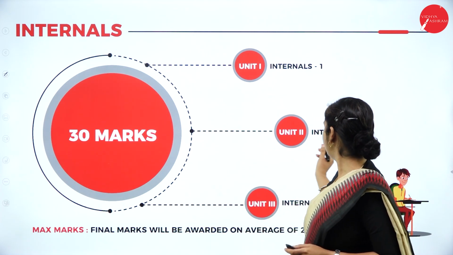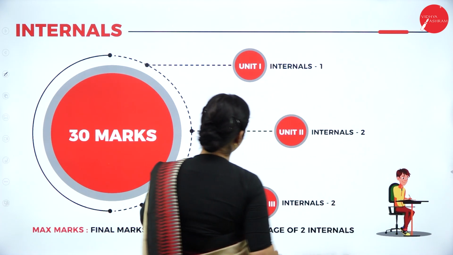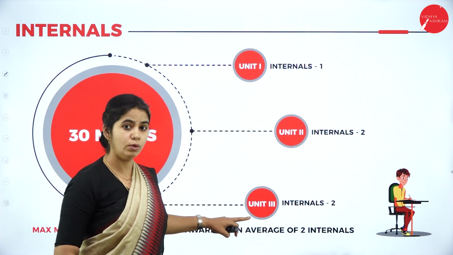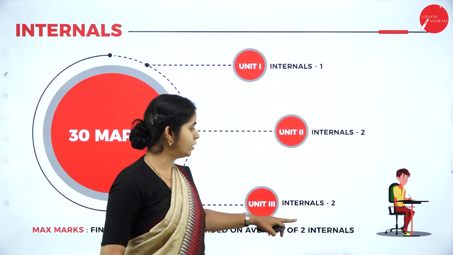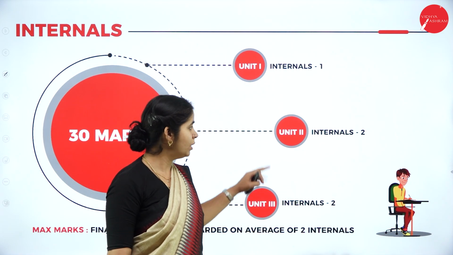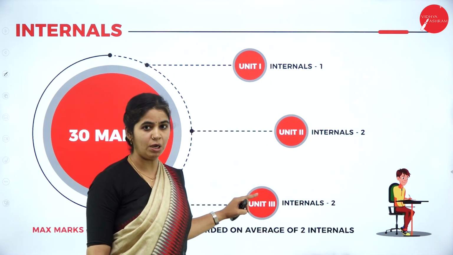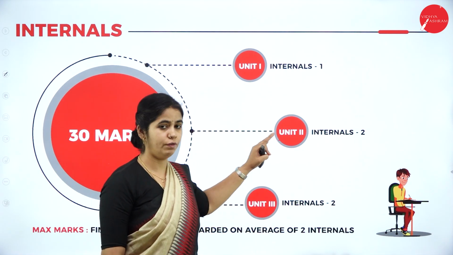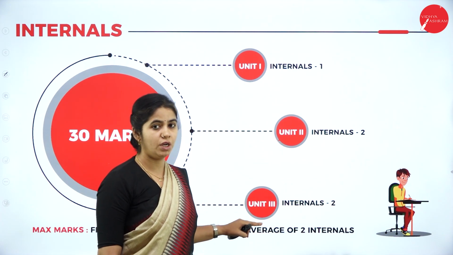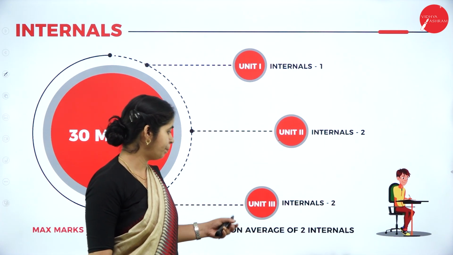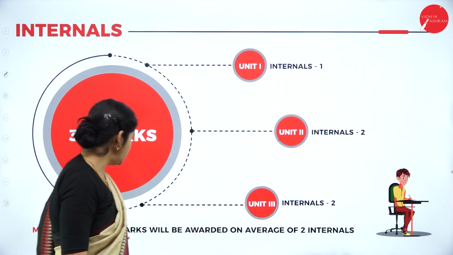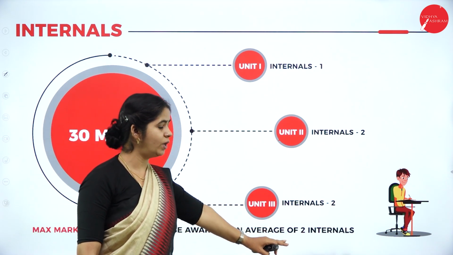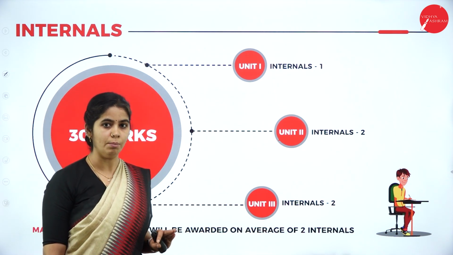Internal 2 covers unit 2 and unit 3, 15 marks from unit 2 and 15 marks from unit 3. We take the average of the two internals as your final internal marks.